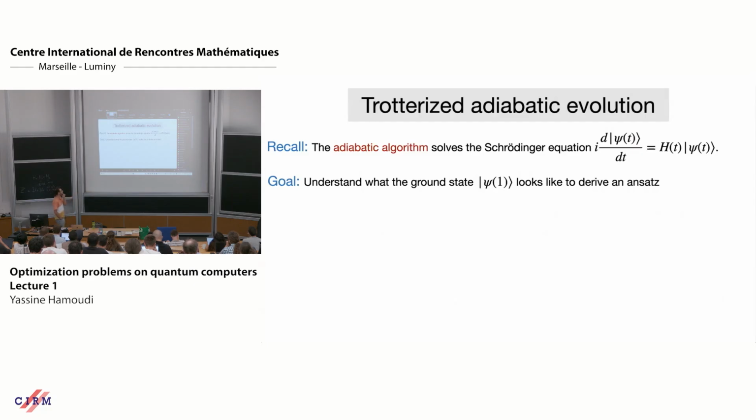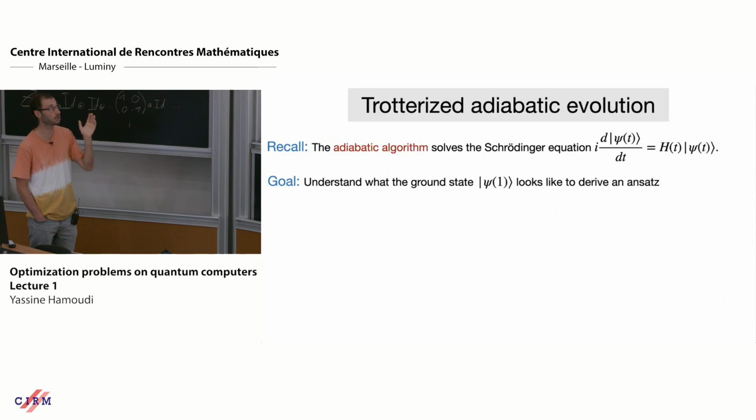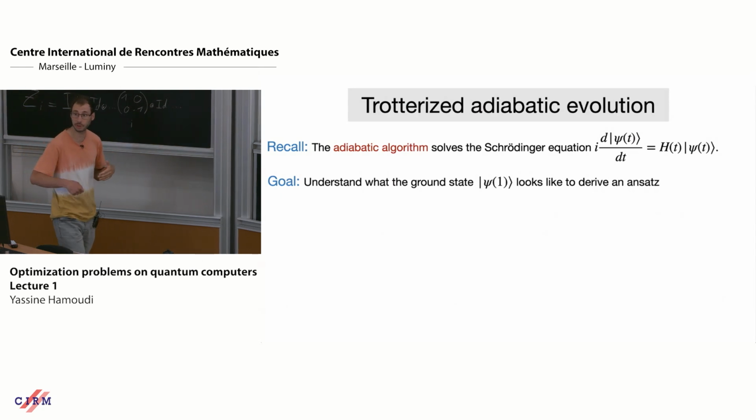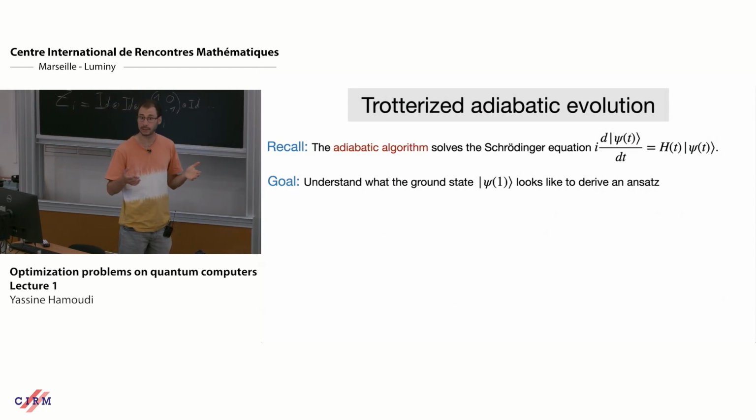A reminder, the adiabatic algorithm is about solving the Schrödinger equation for a time-dependent Hamiltonian. And the goal is to understand what the final ground state should look like. And if we understand the structure of the ground state, then maybe it will tell us how we should pick the classical parameters and how we should define the mapping to a quantum state.